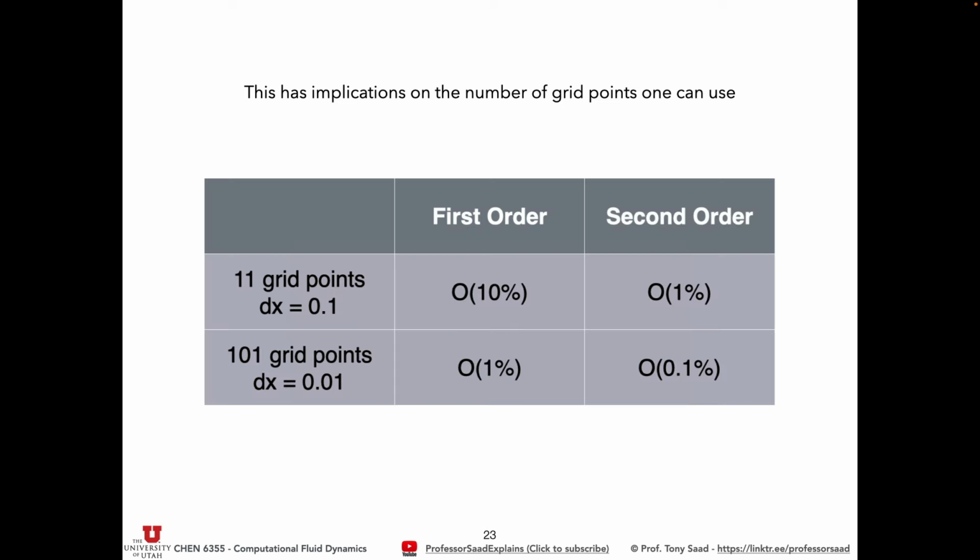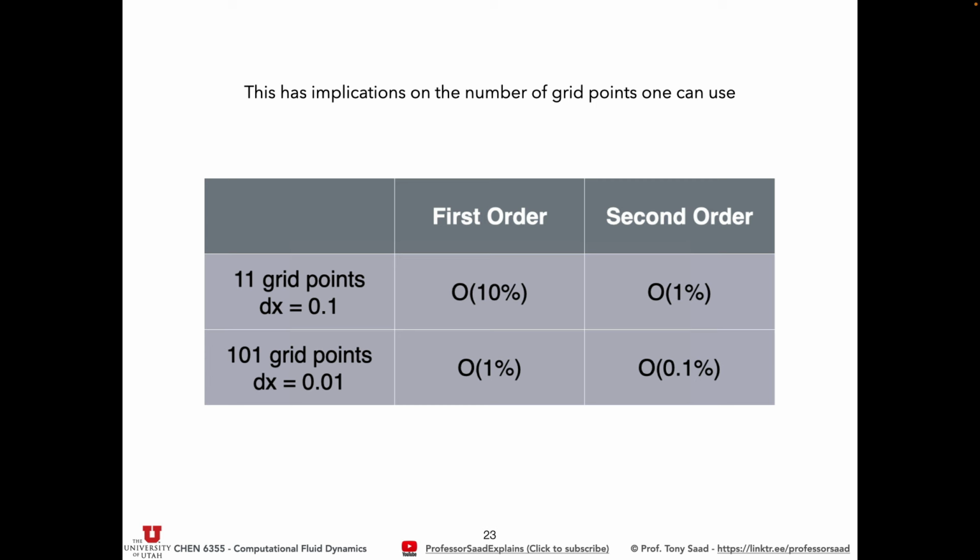Now this has direct implications in practice on grid spacing. You're probably all familiar somehow with CFD: how many grid points do you pick? Well, it also depends on the accuracy you're seeking. For a first order method, with 11 grid points on some domain of size 1, dx is 0.1, so your error is on the order of 10%.